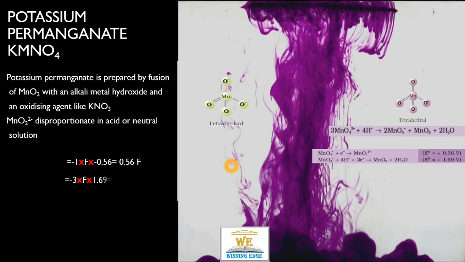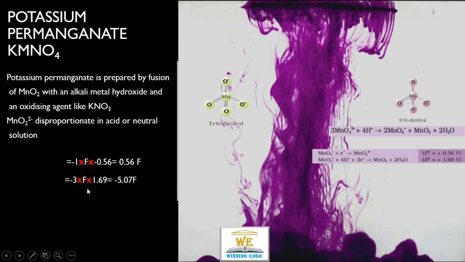Next, what we see here is that this permanganate further disproportionates to manganese dioxide. It gets reduced. This is spontaneous.